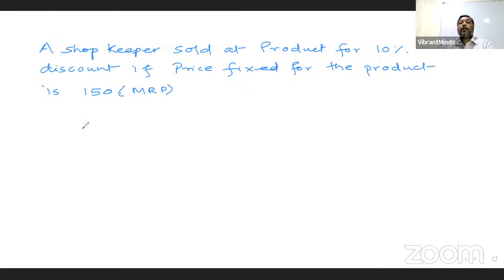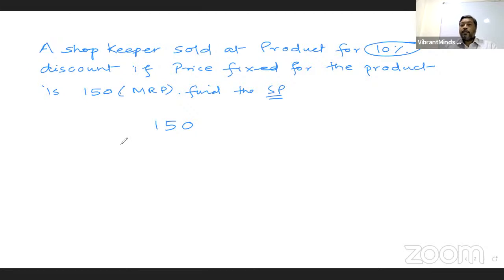That is MRP. Now see, a shopkeeper sold a product for 10% discount. If price fixed for the product is 150, that is MRP, find the selling price. So on 150, what he gave you is a 10% discount.